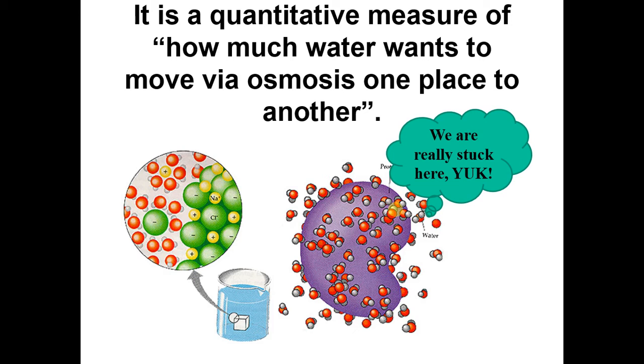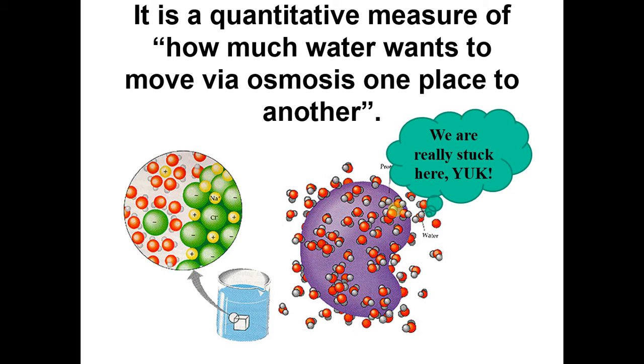So, conceptually, and these are just words that I use to help you think of what this number means, it's a quantitative number that measures how much water wants to move via osmosis from one place to another. If we were going to assign a number, like say 10 was I really want to move from here to there, and 0 is like I'm cool chilling out here.